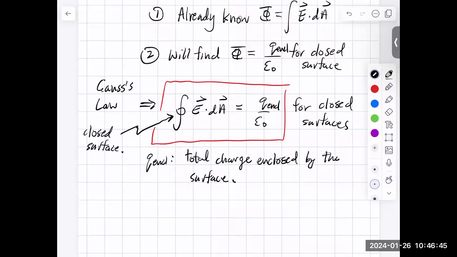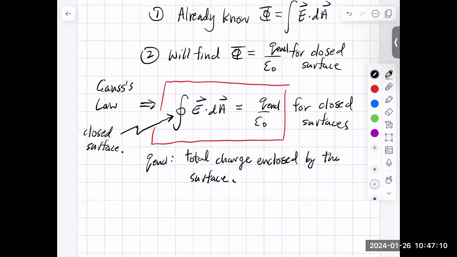You could have a closed surface of some really complicated shape that wiggles and bumps and twists and turns, and it would be almost impossible to actually evaluate that integral. So we're going to look for special cases where it's very easy to evaluate that integral.